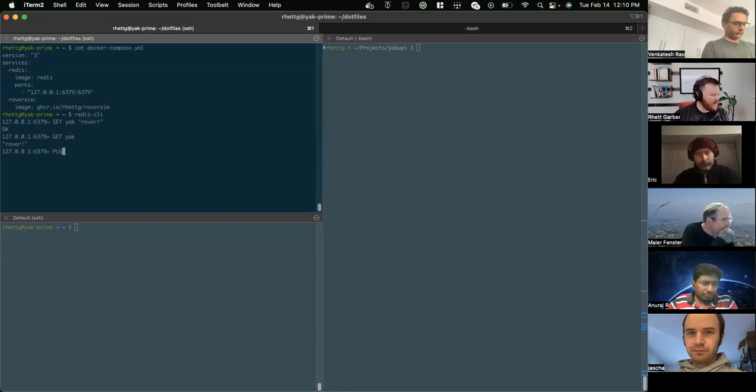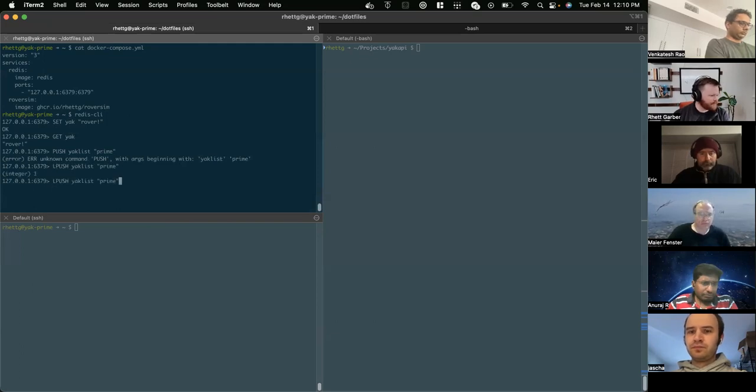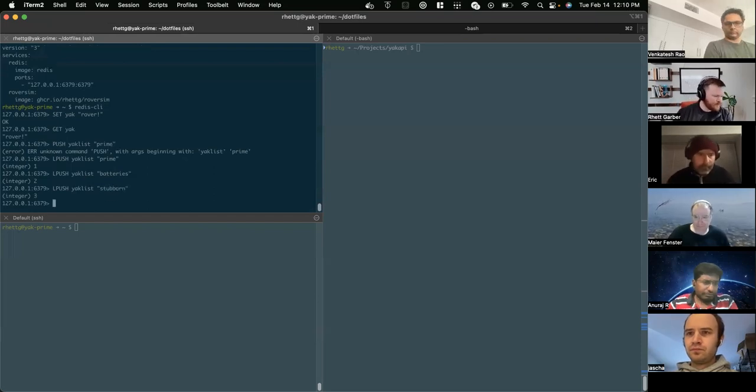So I can push to a yak list, the L push, batteries. What was my other one? Stubborn. And then you can pop things off of that.